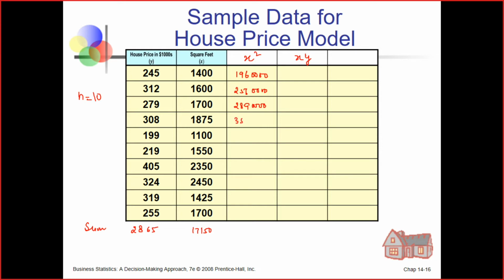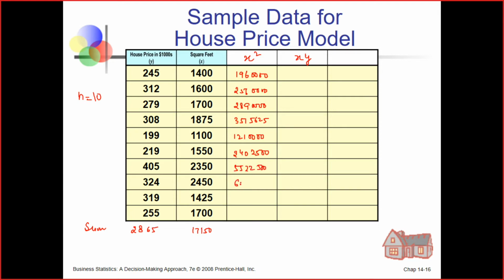So I'll write one by one all the squares. Then we have 1210000. We have 2402500. Then we have 5522500.